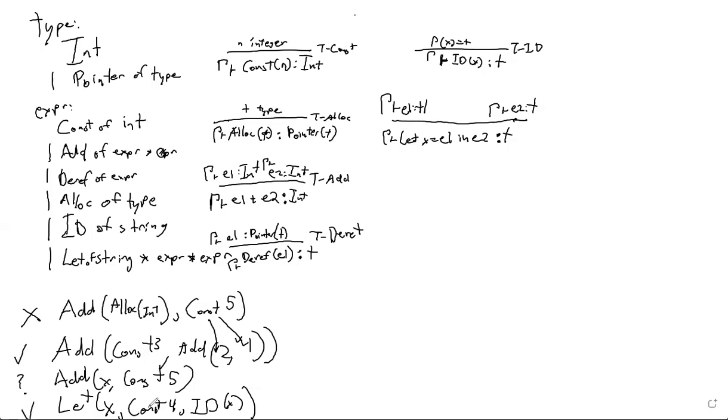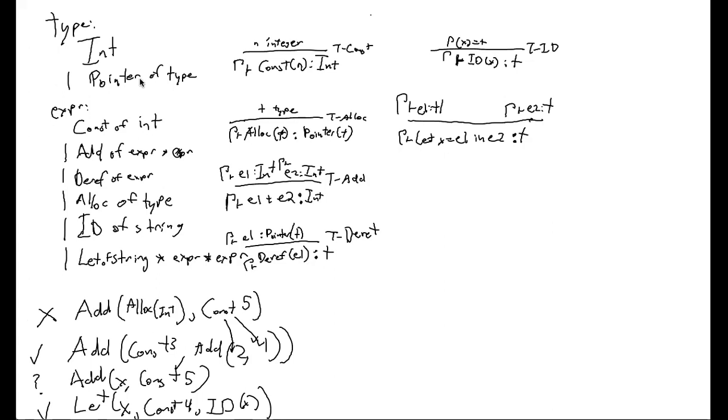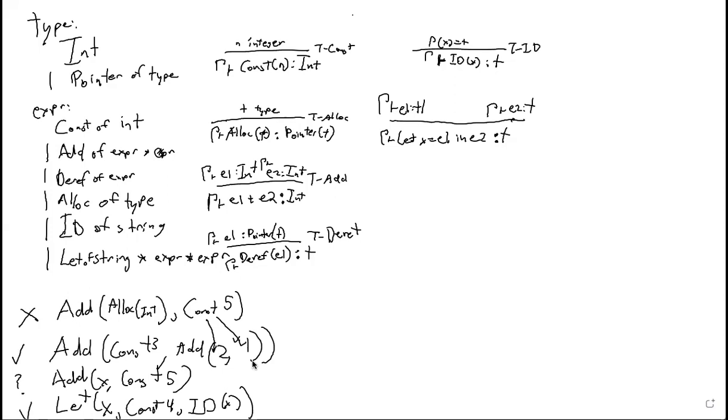But on its own, ID of X isn't going to type check. So we need to add the new variable into the environment. Instead of using the current environment to check E2, we'll use an augmented environment, where we add in that X is of type T1. Then it should be true in this new environment that E2 is of type T.